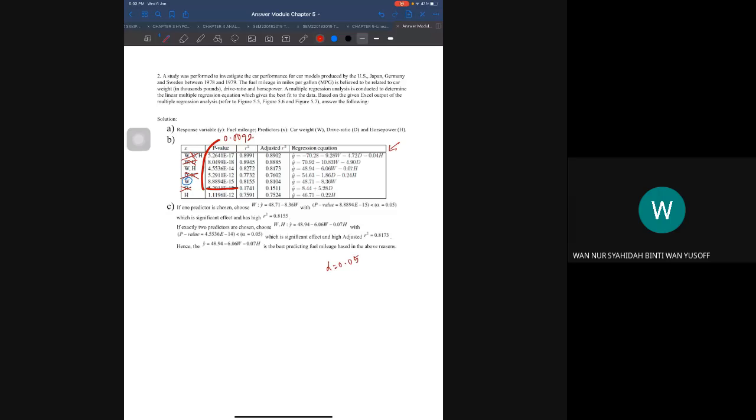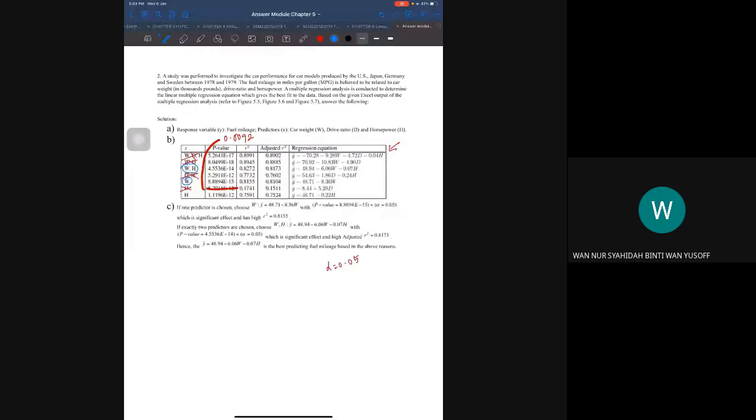So what's left for the two predictor, the best one? For two predictor, we have WH as the best model.